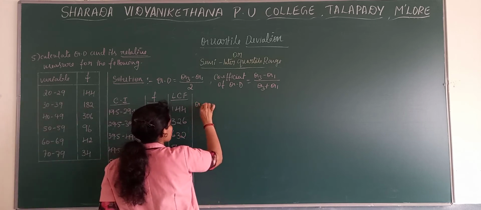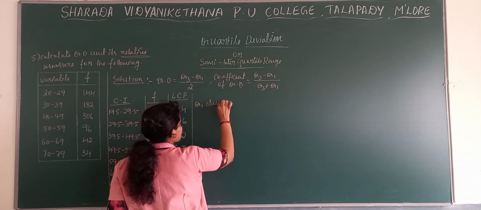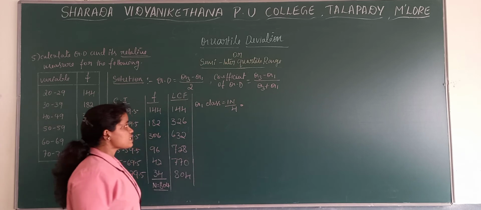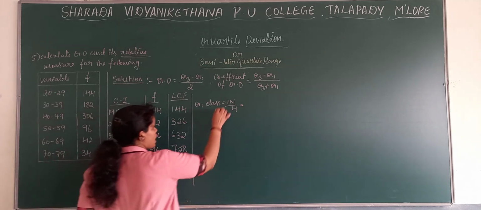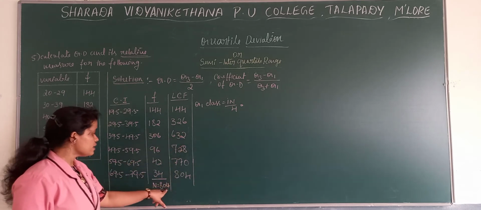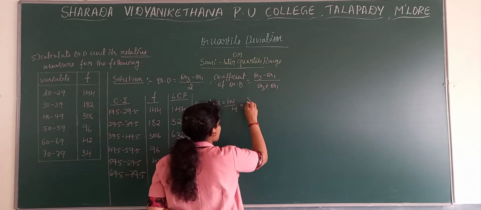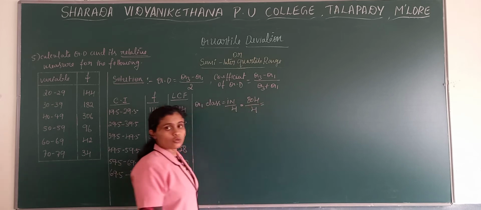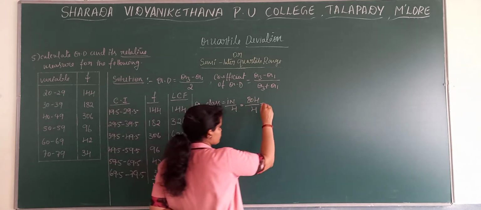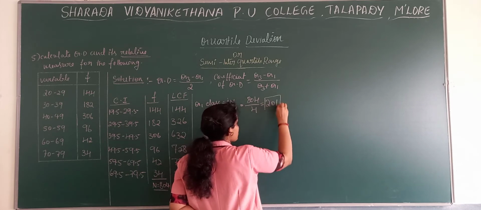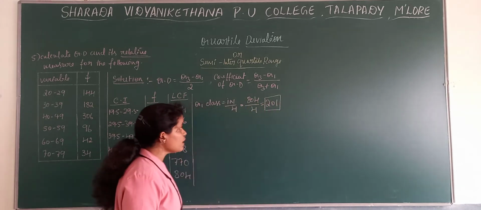Q1 class is i n by 4, where i is nothing but 1, then n is 804. So 804 by 4, when you divide 804 by 4 you get 201. So this is to define the Q1 class.